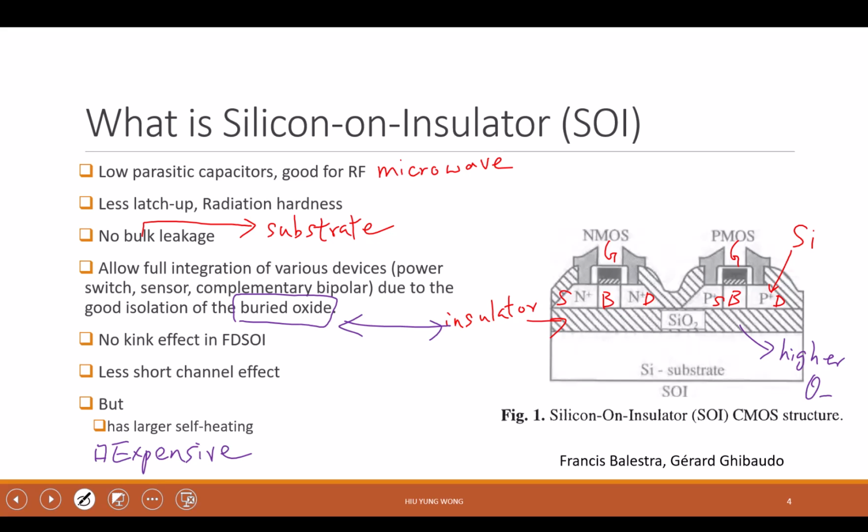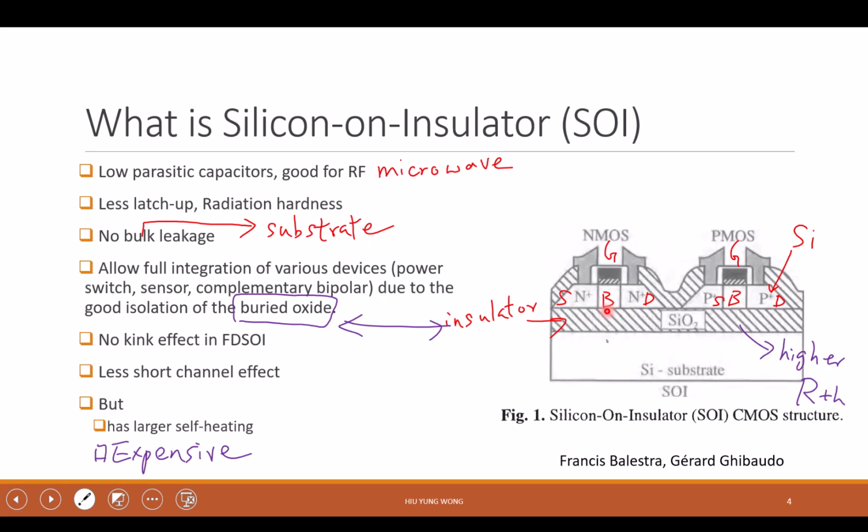Higher thermal resistance, we call it theta T, or let me just call it RTH. Thermal resistance. It has a very high electrical resistance because it's insulator. At the same time, it has higher thermal resistance. If I remember correctly, it is about 100 times higher than silicon.